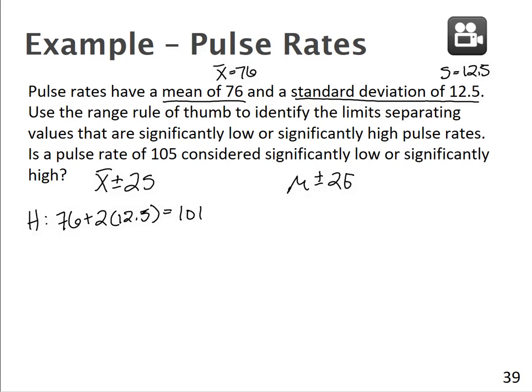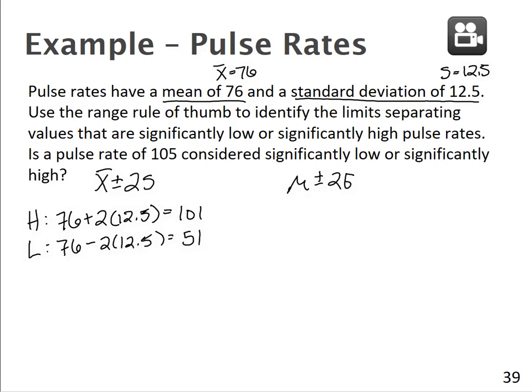To find the low boundary, I'm going to take, once again, x bar, which is 76, but now I'm going to subtract 2 times the standard deviation of 12.5. And my calculator told me that was 51. So now I have found the significantly low and the significantly high boundaries.